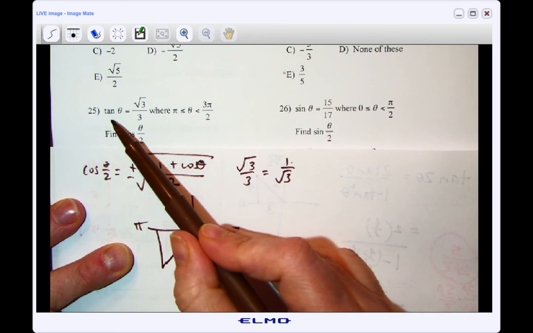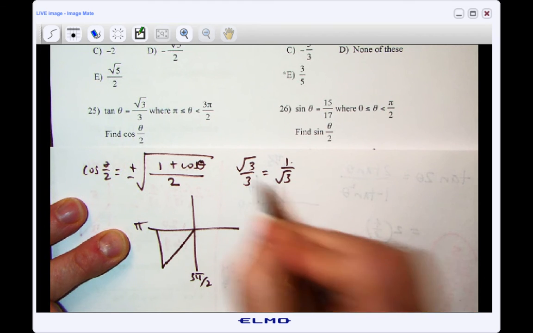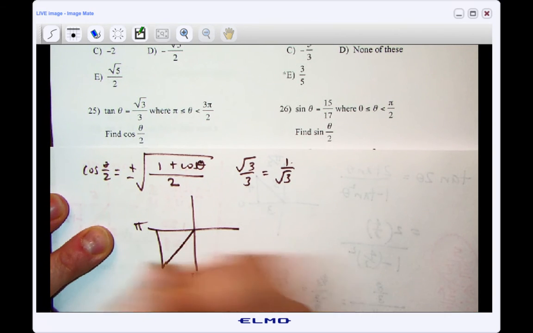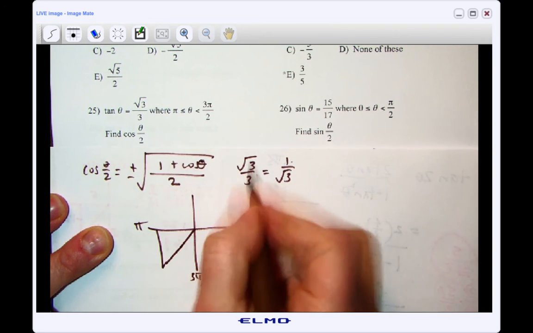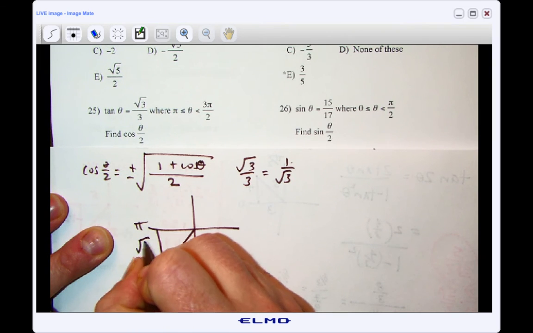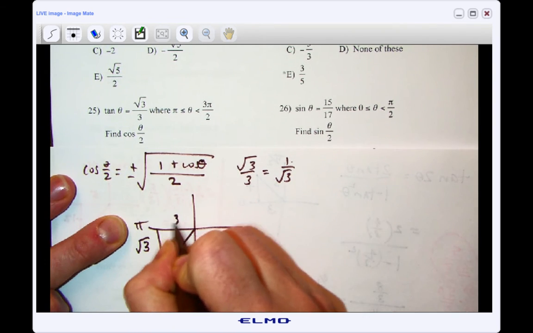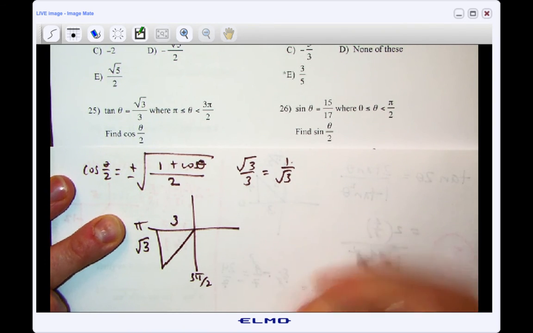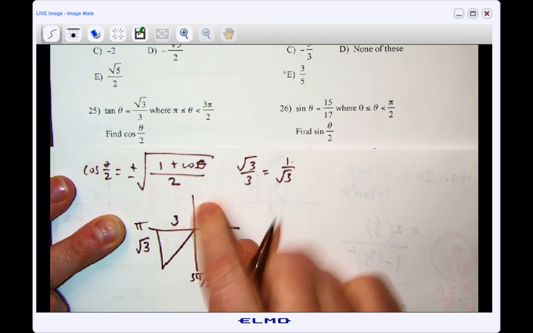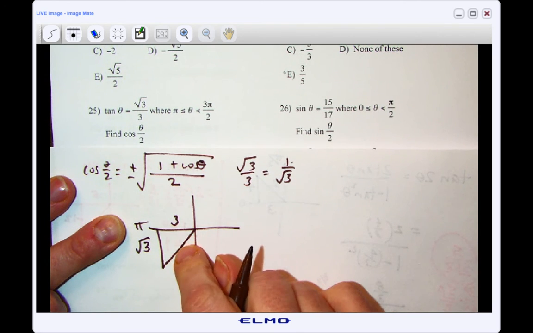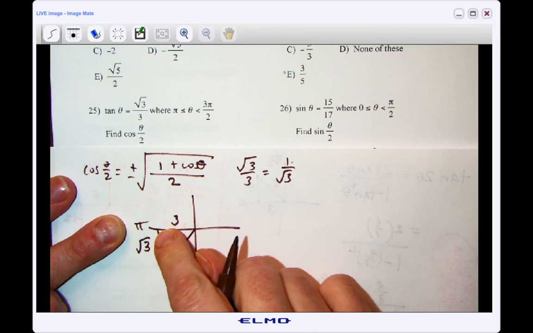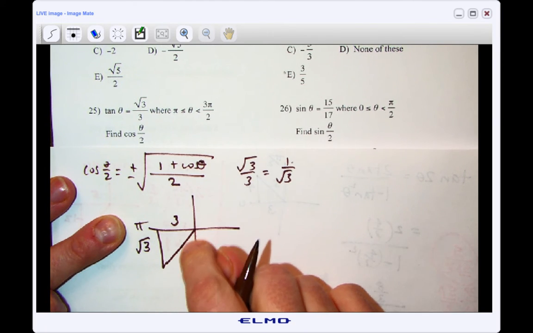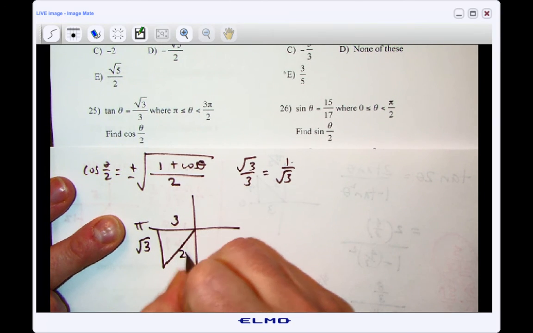So we know that we're looking for tangent. So the opposite is going to be the top. So if you labeled it a 1 or you labeled it a root 3, we'll use the root 3 because that's probably what you did. But like I said, I like this better just because you get smaller numbers, right? And then you would automatically know what this one was, right? Because 1 root 3, you know that this one is a 2. But this one's actually going to be 2 root 3 now.